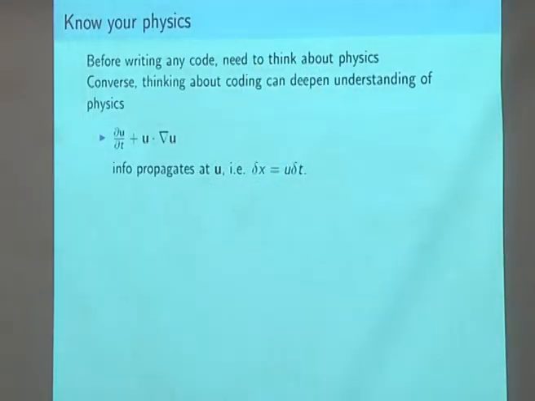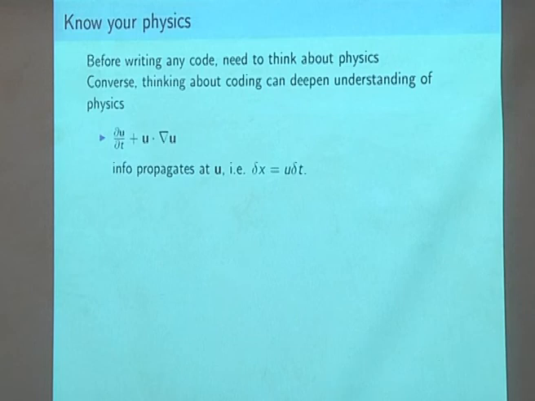Right. So if we just take one part of the left-hand side of the equation, what is that doing? That's telling you that the information, in fact the velocity, is propagating at a speed u. So in a little time step, it will have moved a distance delta x, which is given by u delta t.